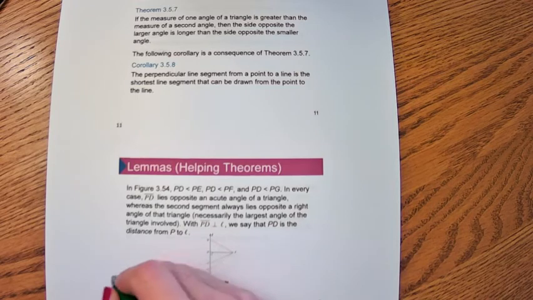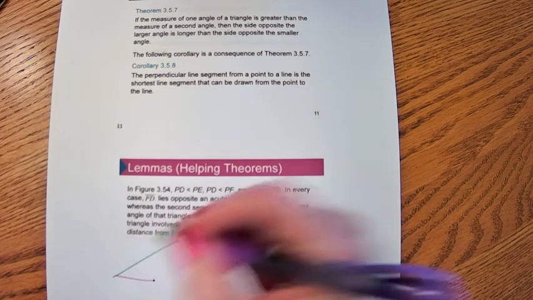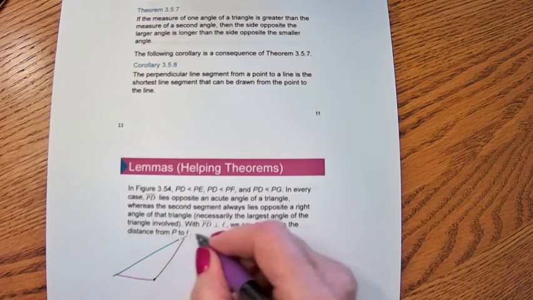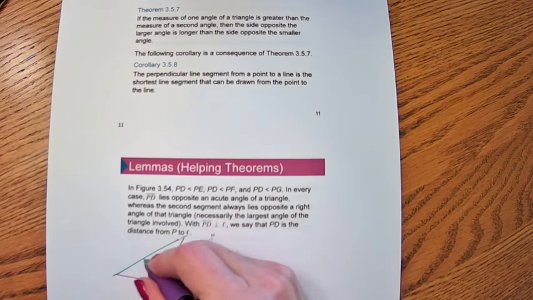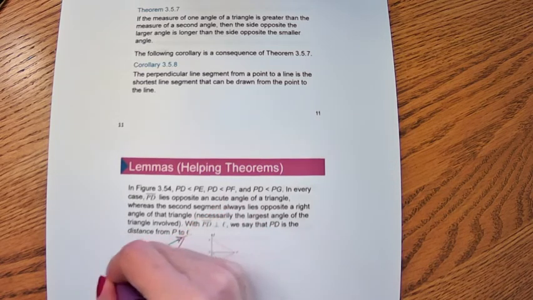So if here I have a line and here I have a point, how many lines can I draw from the point to the line? Well, there's that one, but that's not the shortest distance. Well, there's that one, but that's not the shortest distance. The shortest distance is always going to be the perpendicular segment from the point to the line.